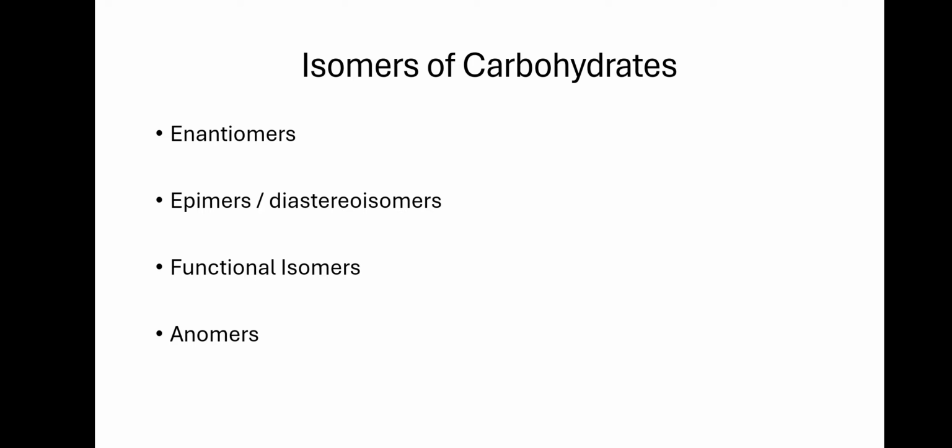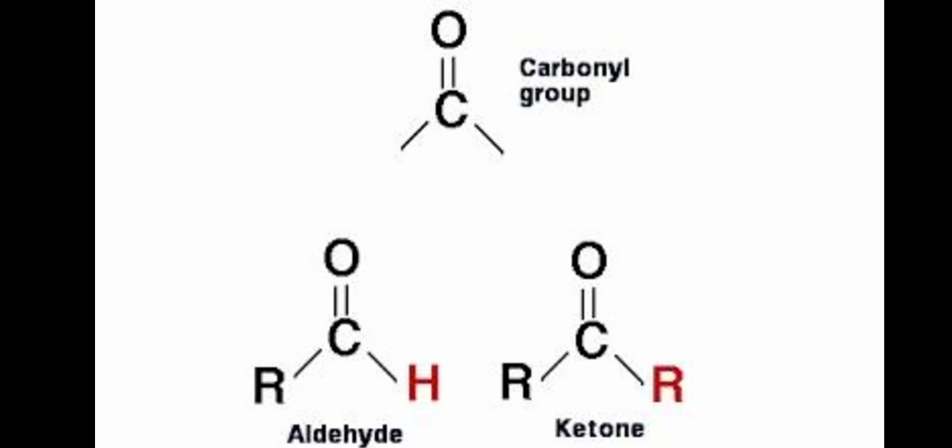The first thing we're going to talk about is our functional isomers. With functional isomers, we have a group called a carbonyl group. A carbonyl group is just where you have your carbon double bonded to an oxygen. Now this carbonyl group can be at the end of a molecular structure, or it can be within the length of your chemical structure.